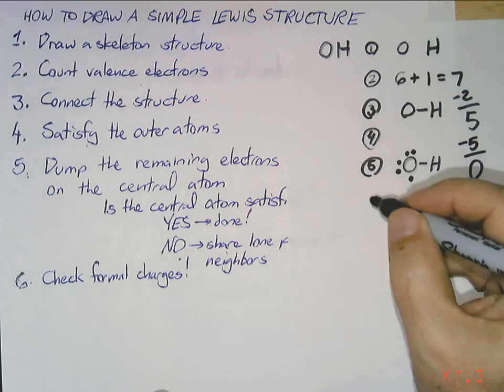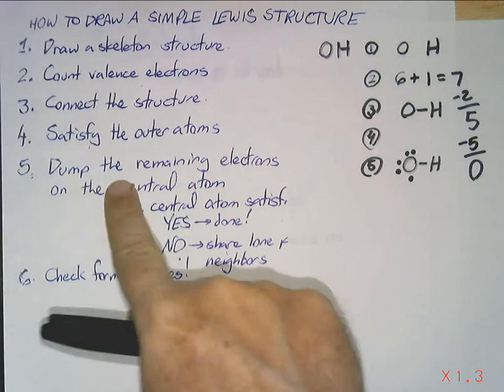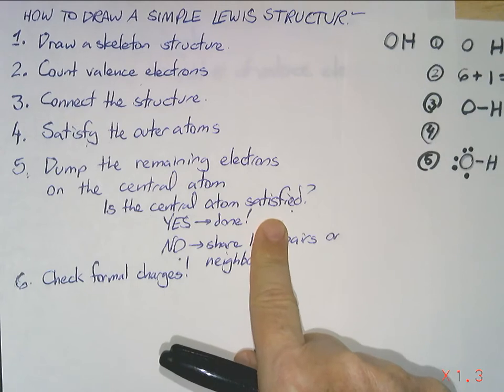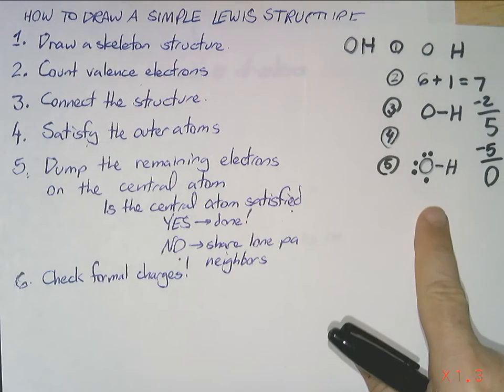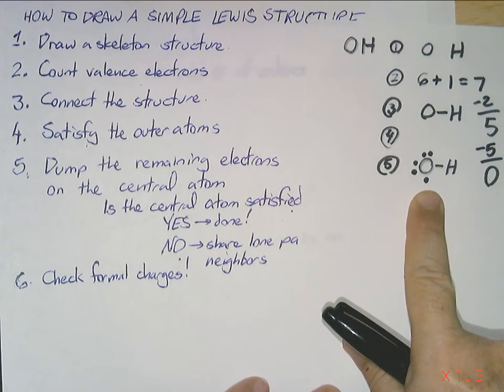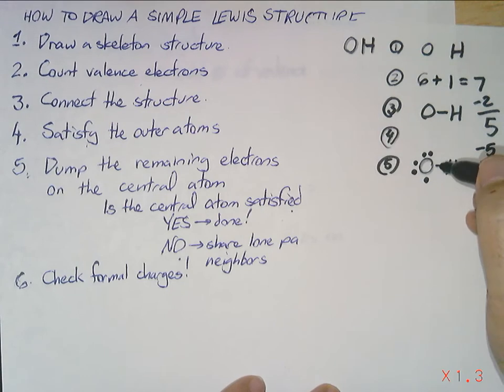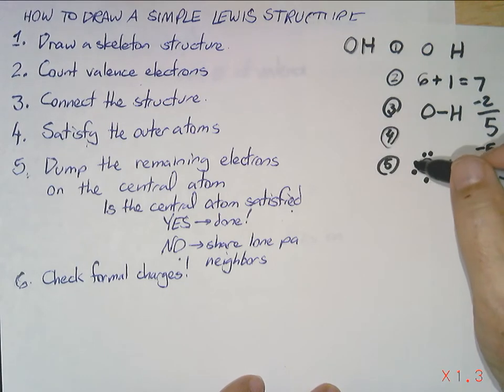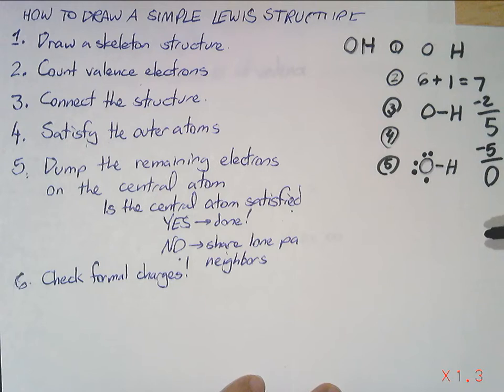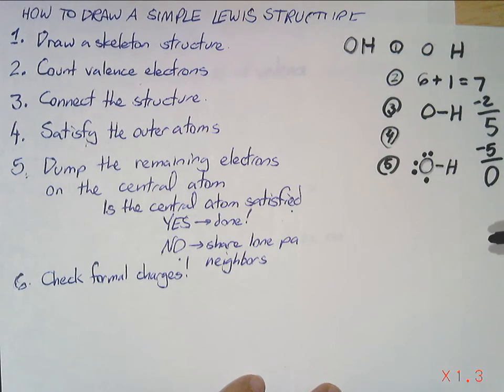Step 6, or this part of step 5: is the central atom satisfied? How many electrons does it have? 1, 2, 3, 4, 5, 6, 7 electrons. How many does it want? 8.